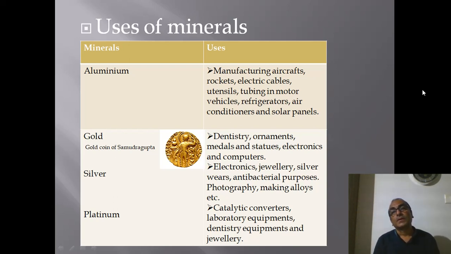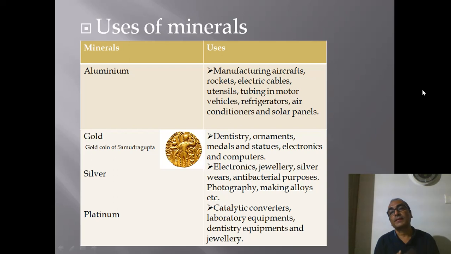And even the window frames in constructions, everywhere we see that the partition walls, we are using aluminium. Gold. Gold is a precious element, and it is a non-reactive, noble metal. So this has been used since time immemorial by the human community as a part of ornamentation, or in the form of coins.